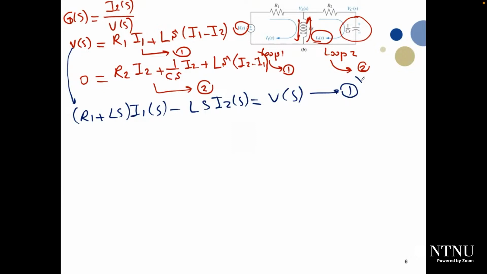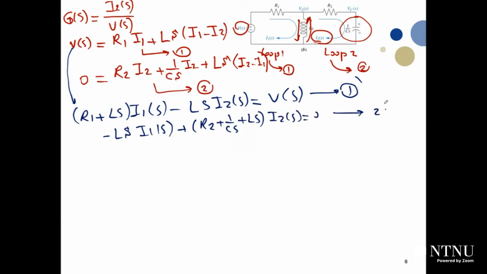So I will go to equation 2. We have here I1 multiplied by LS, negative I1 multiplied by LS. So I will write it here, minus LS, multiplied by I1 of S, just in the same order. And after that, we have R2 plus something multiplied by I2 of S. I will write it like this one, plus R2 plus 1 divided by CS plus LS multiplied by I2 of S equals 0.